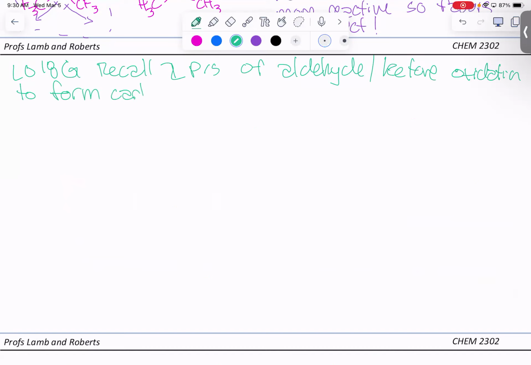You'll recall these are chromium reagents. And now we want to recognize a hydrate intermediate. Right? This is why our chromium reagents, we needed to have some water in our reaction.